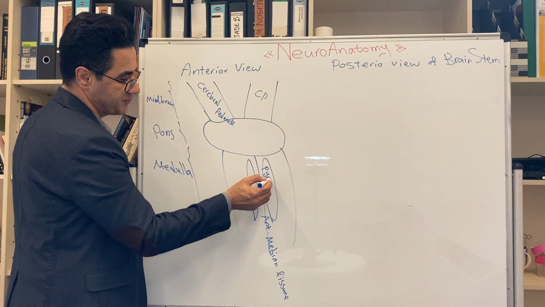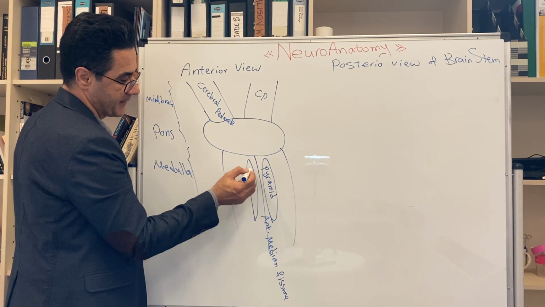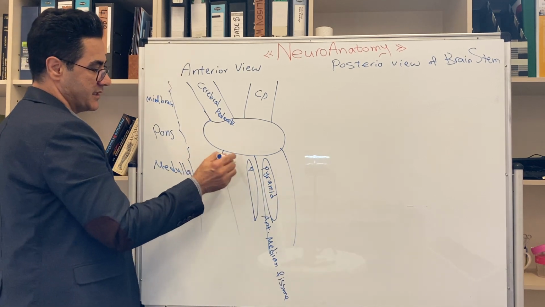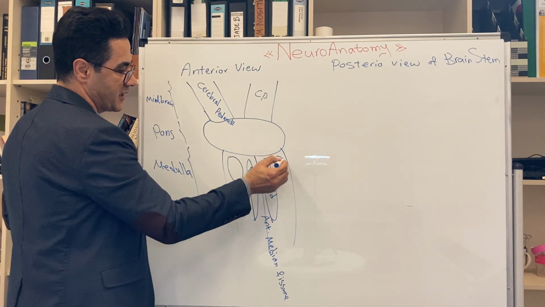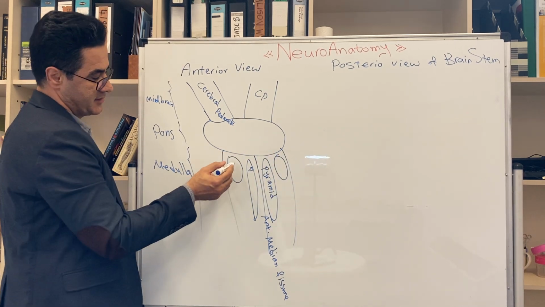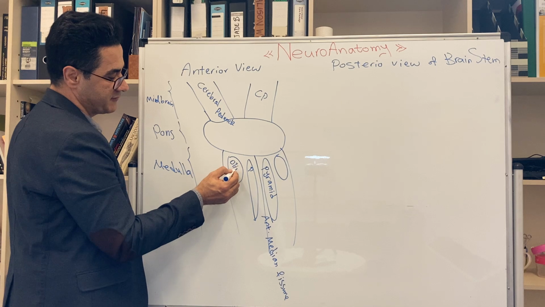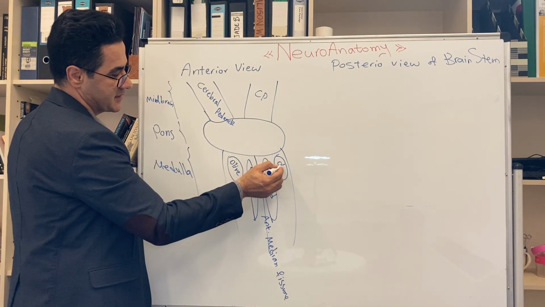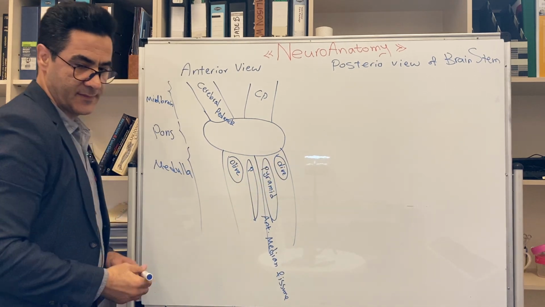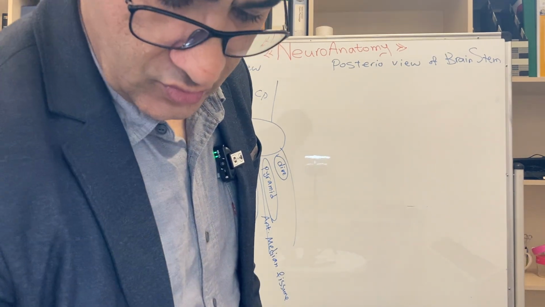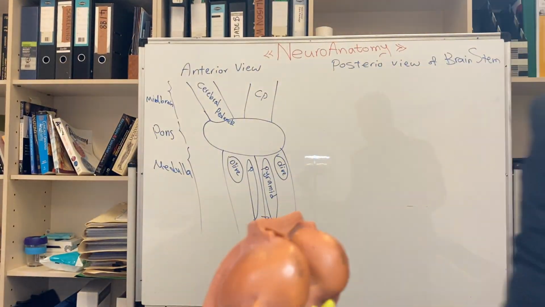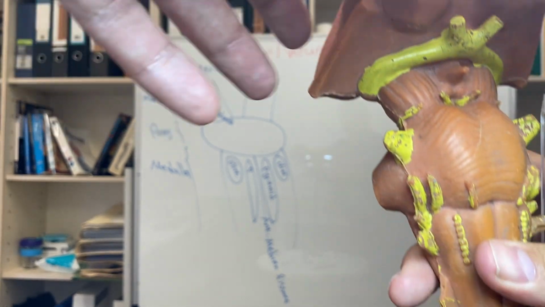They are called pyramid. And on the lateral side of the pyramid at the top, we have two other bumps. They are known as the olive. This is the olive.